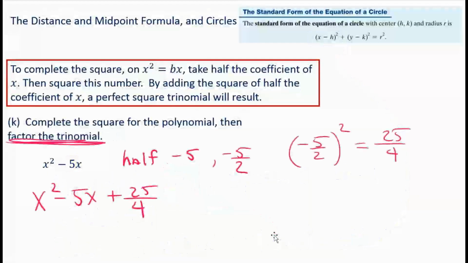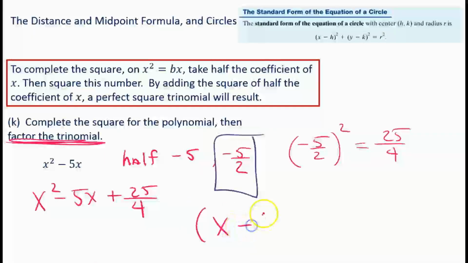So if I go back to the problem we just did, what was the half number? That guy right there, right? So when I factor this, it's going to be x minus 5/2 squared. Okay, so it's the half number that goes right there. Think you can do this? Yeah, you can do this.